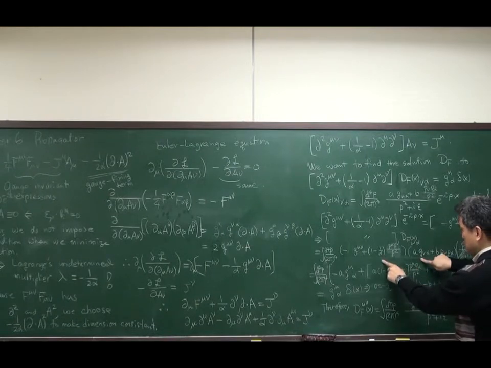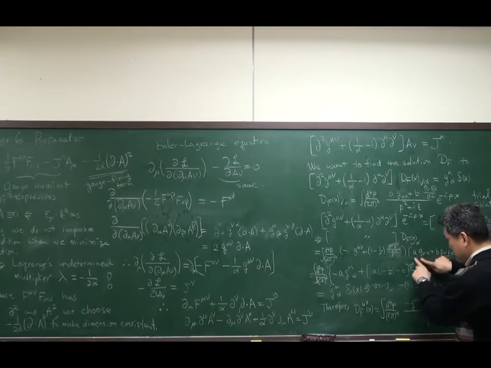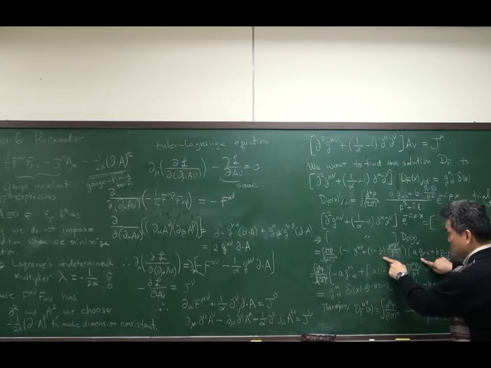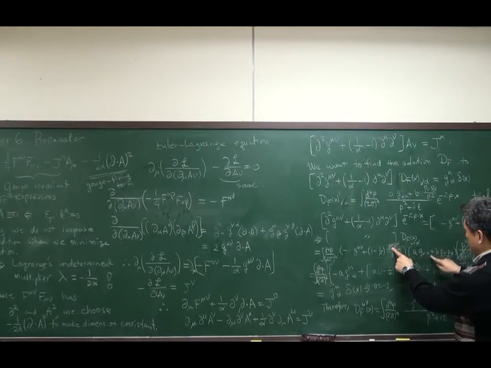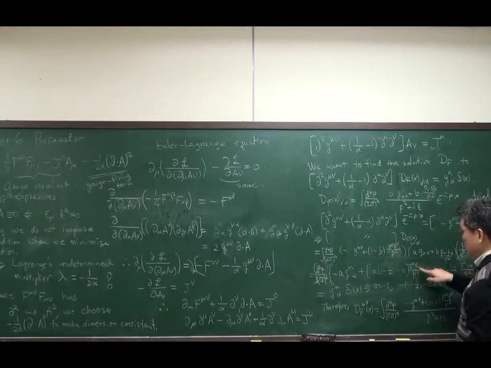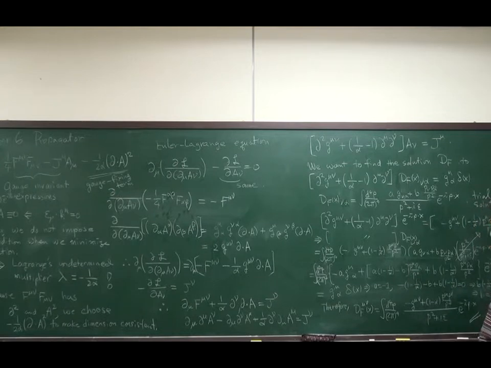And the other crossing term is a times 1 minus 1 over alpha, p mu p alpha divided by p squared. And the last term is this one and this one.